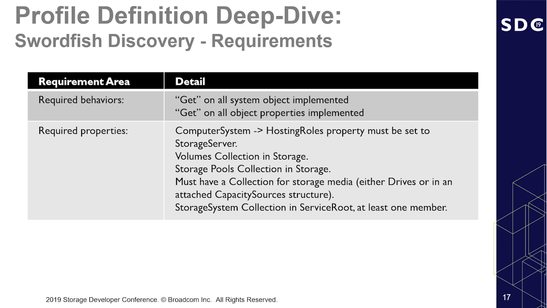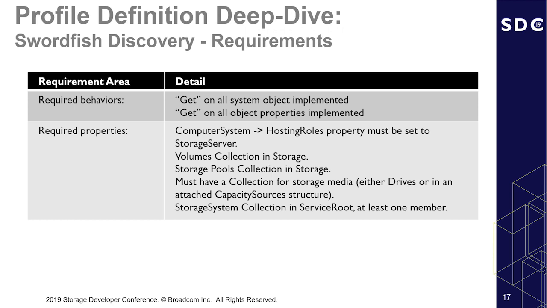But the Swordfish discovery basically says, this sounds really obvious, but if you implement an object, you must support a get on it and on all of its properties. Like, it's got to be readable. I know that sounds stupid, but we went ahead and specified it.